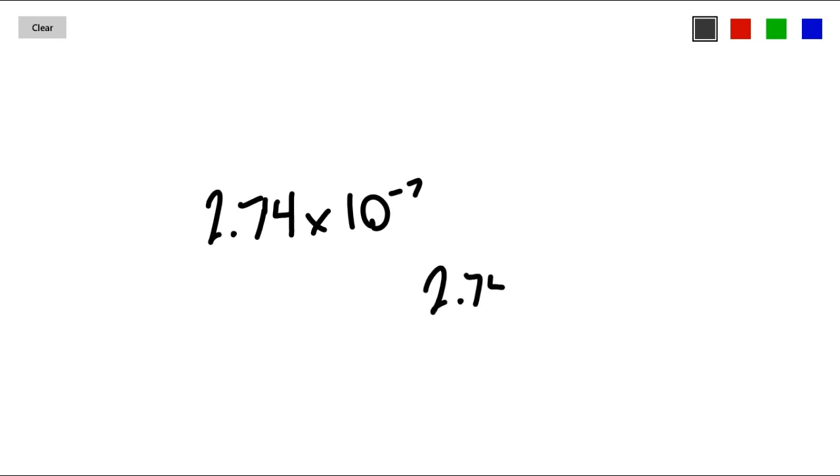And let's say we had a really small number. Let's say we had 2.74 times 10 to the negative 7th power. Like the last example, I'm going to write this number out first, 2.74, and then I'm going to start writing zeros to the left of the 2 because we have this negative power.